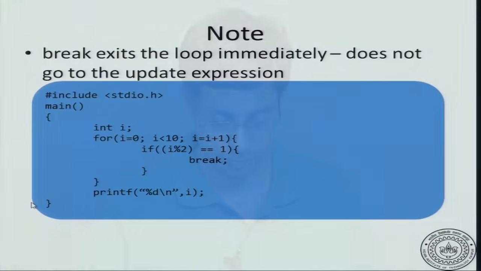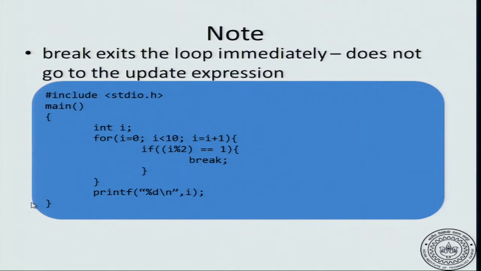It is still recommended to use break when you have two or more exit conditions out of a for loop. Okay. So, typically programmers do use break, and it is just a matter of style whether you will use break or not. I myself prefer using a break.